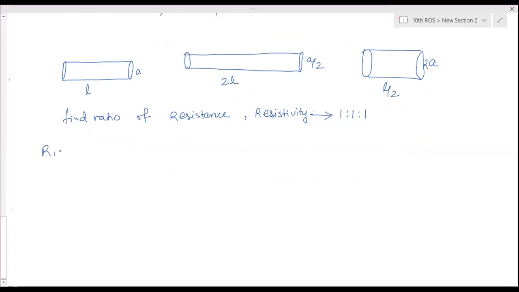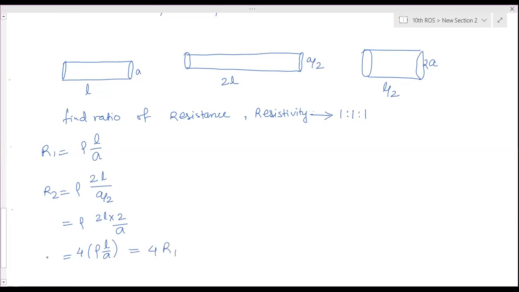So R1 is equal to rho L by A. R2 is equal to rho 2L by A by 2, which can be 2 into 2, that is 4 rho L by A.